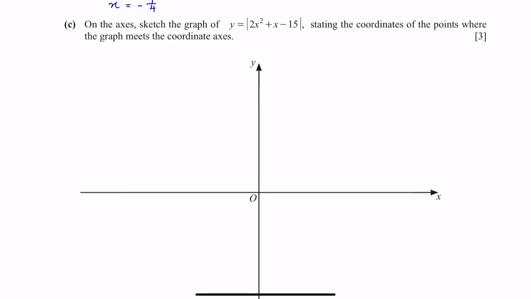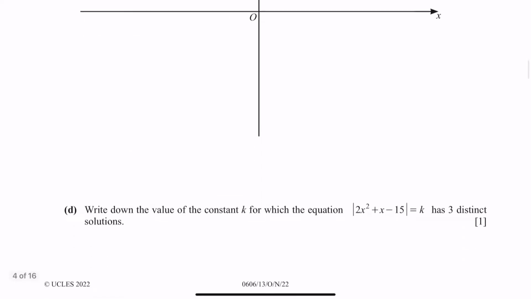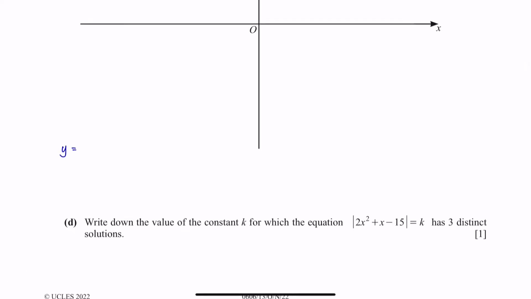Part C, we need to sketch the graph of the modulus of 2x squared plus x minus 15, stating the coordinates of the points where the graph meets the coordinate axis. So we need to find the x and y intercepts. So for y-intercept, we just need to sub x equals to 0. So we would get modulus negative 15, and this would be 15.